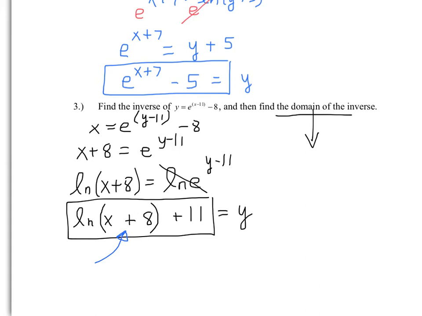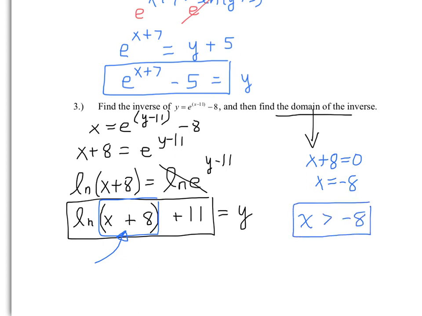So you can only log positive real numbers. So this inside piece has to be a positive real number. If you were to take that and set it equal to 0, we're going to get negative 8. So that is the starting point. So x must be greater than negative 8.